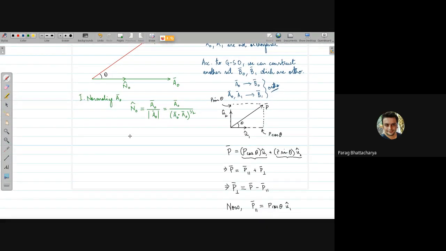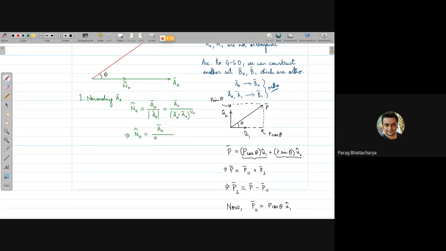Now let's generalize this even further, because the dot product that we have over here is for vectors, no? But in general, we have the scalar product for any vector space. So in general, how can you write down this n0? n0, that is a normalized unit vector, can be simply written as a0 divided by the square root of a0 dot a0.